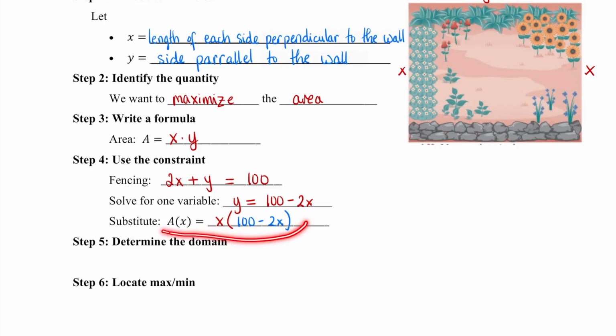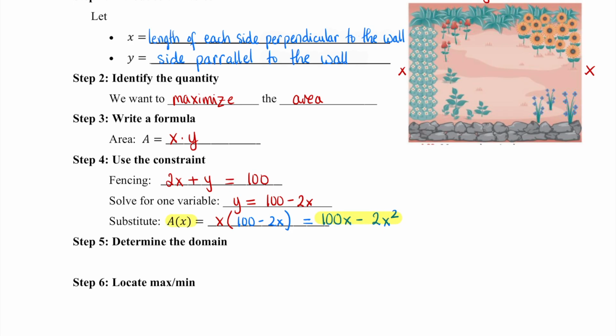Now we have the area written as a function of one variable, which is exactly what we need. Now let's expand this. I'll have x times 100 minus x times 2x, which is 100x minus 2x squared.